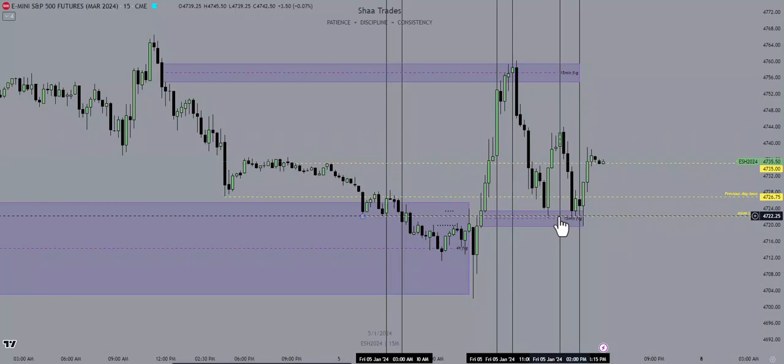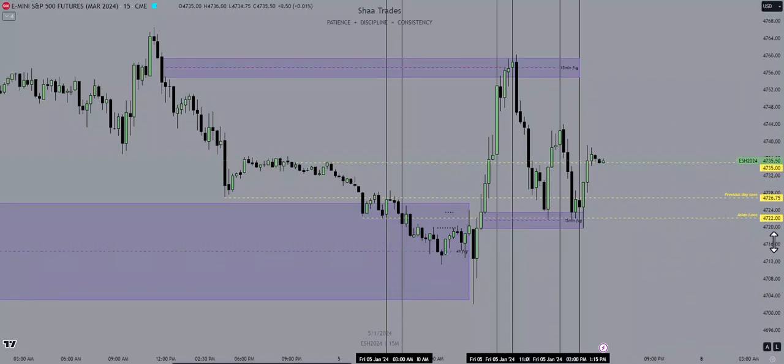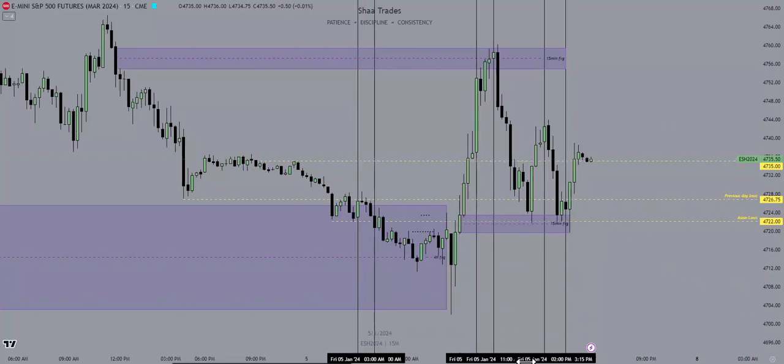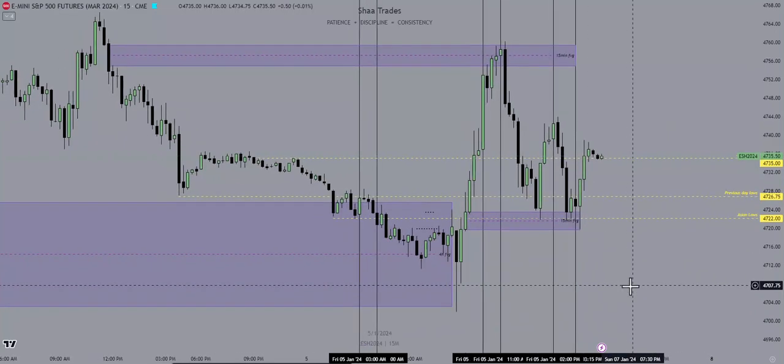And then I implement the time of day for my trade. So I'm going to show you a couple of trade ideas that could have been taken using the silver bullet hours, using time and price. That's the main thing that we want to focus on: time and price. All right, so let's get into it.